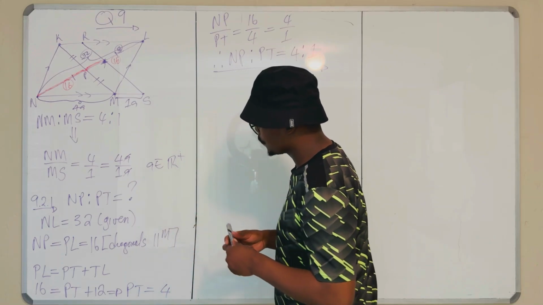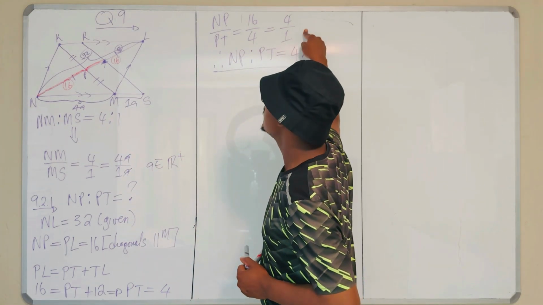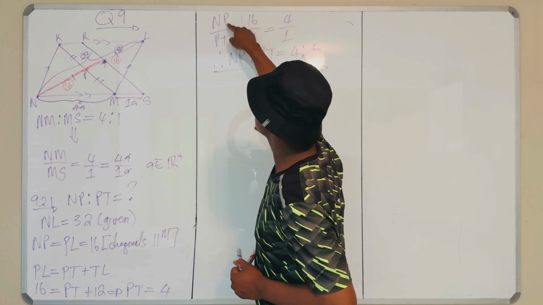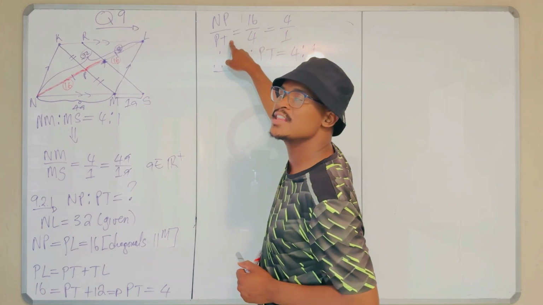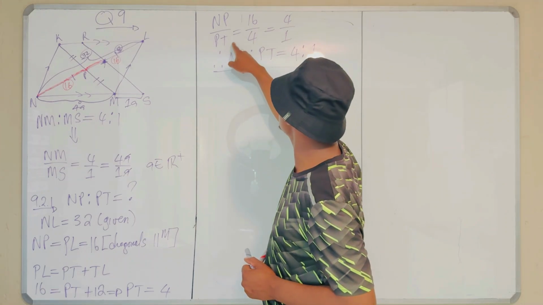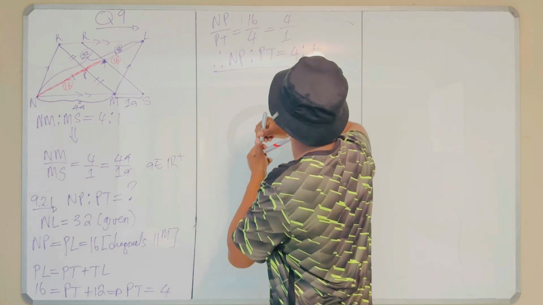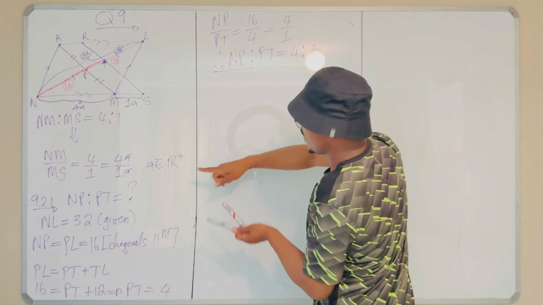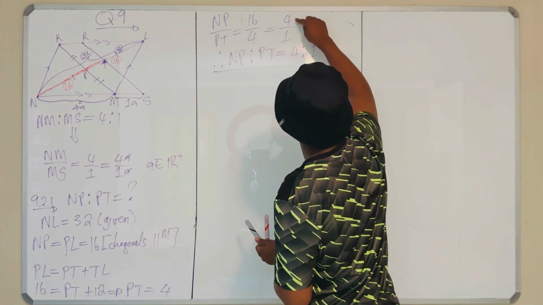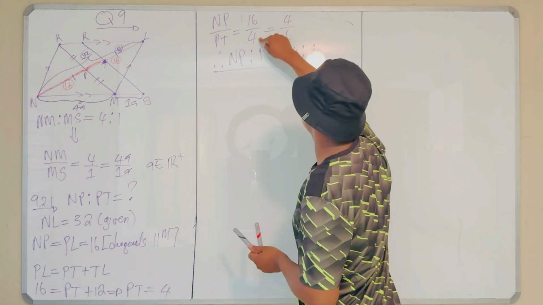So, like I said earlier, do you see that this is the simplest ratio? Just because this is 4 does not necessarily mean the length of NP is 4, and just because this is 1 does not necessarily mean the length of PT was 1. It's simplified. If you think about your A, it's 4 here and 4 there, because 4 times 4 gives 16, and 4 times 1 gives 4.